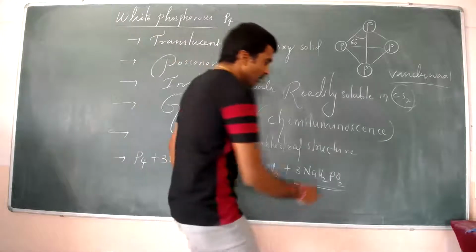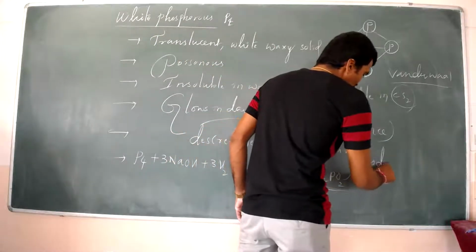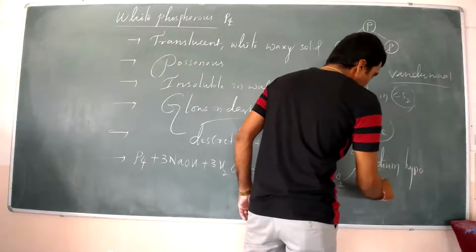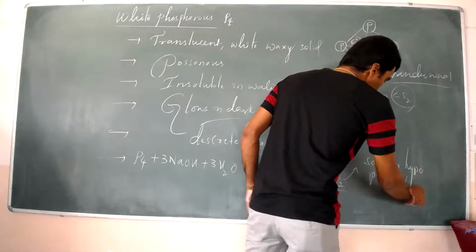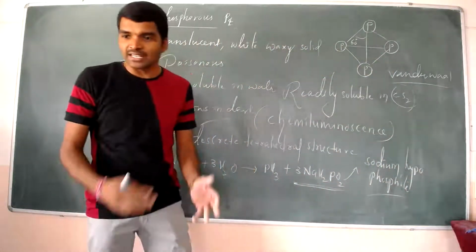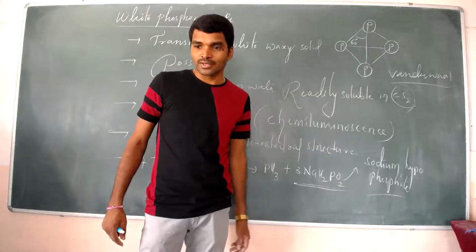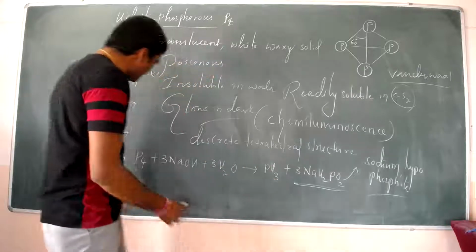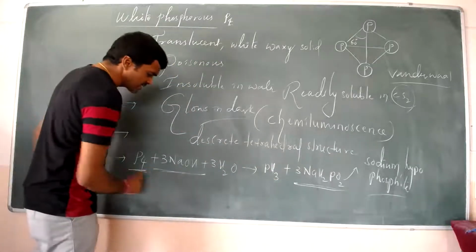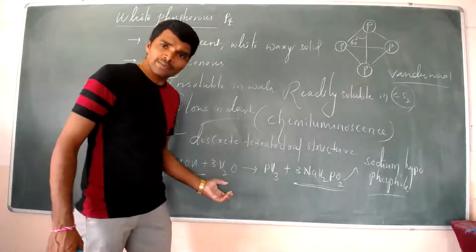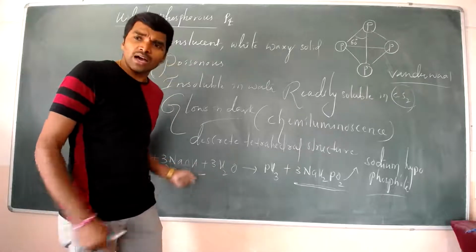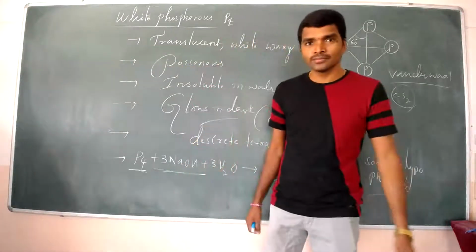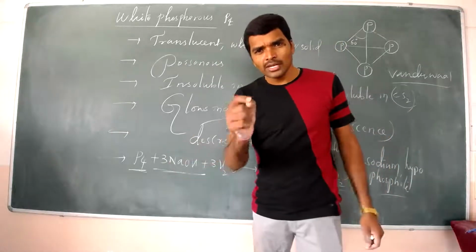So white phosphorus reacting with aqueous NaOH gives phosphine plus NaH2PO2. And you know this very important point.